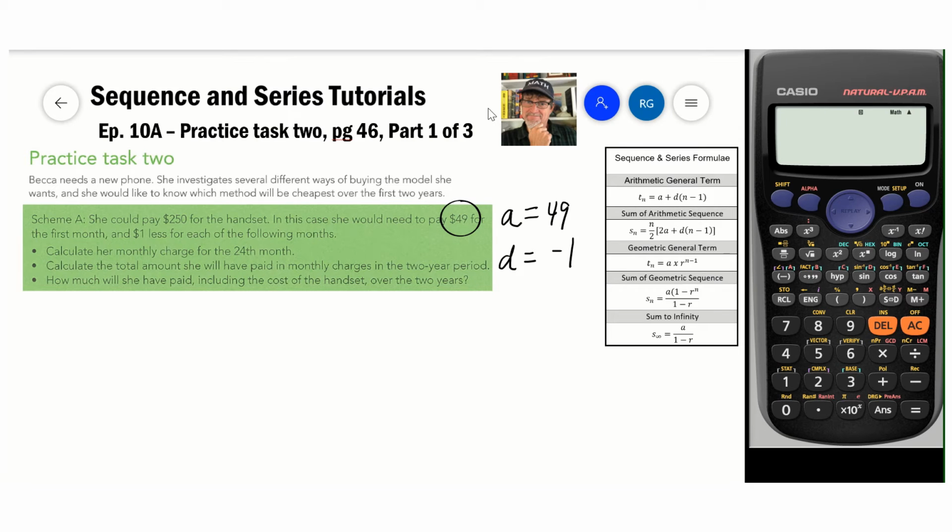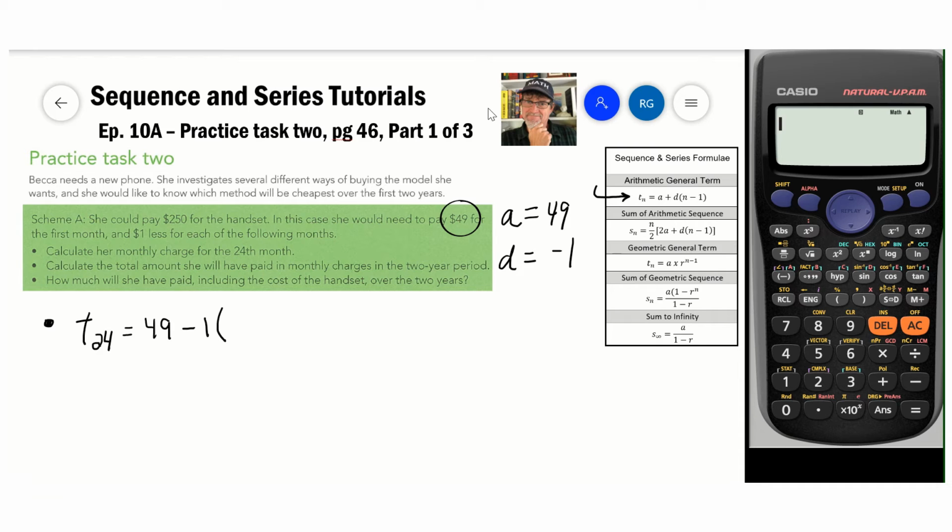And then this first bullet point, they want to calculate her monthly charge for the 24th month. That means they want to know what is the 24th term, or what are her charges going to be on the 24th month. So for that, we're going to need your first formula right here. So we've got a, that's 49, plus d, so that's -1 times n minus 1.